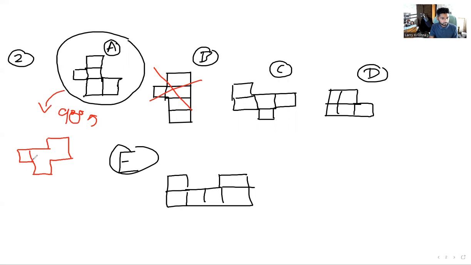Something like this. Okay. Now this looks similar to shape C, except the block going up is on the other side.